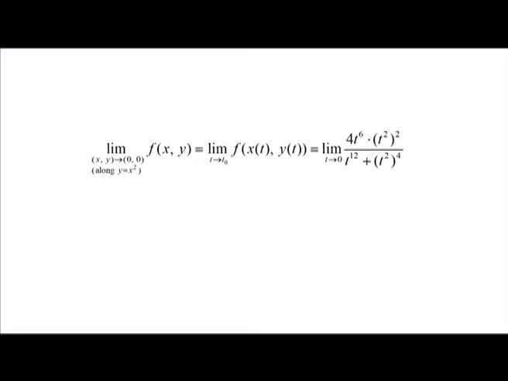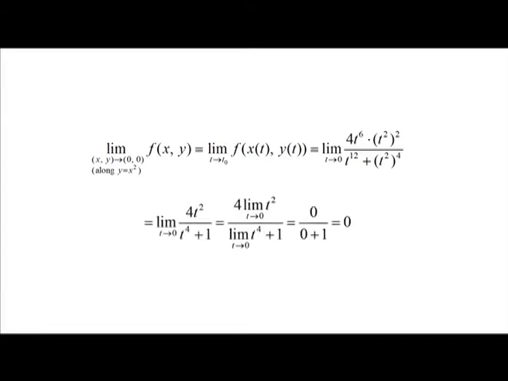So, the limit as (x, y) approaches (0, 0) along the parabola y equals x squared of the function f(x, y) is equal to the limit as t approaches t0 of f(x(t), y(t)), which is equal to the limit as t approaches 0 of 4 times t^6 times t squared, all divided by t^12 plus (t squared)^4, which is equal to the limit as t tends to 0 of 4 times t squared by t^4 plus 1, which is equal to 4 times the limit as t tends to 0 of t squared by the limit as t tends to 0 of t^4 plus 1, which is equal to 0 by 0 plus 1, which is equal to 0.